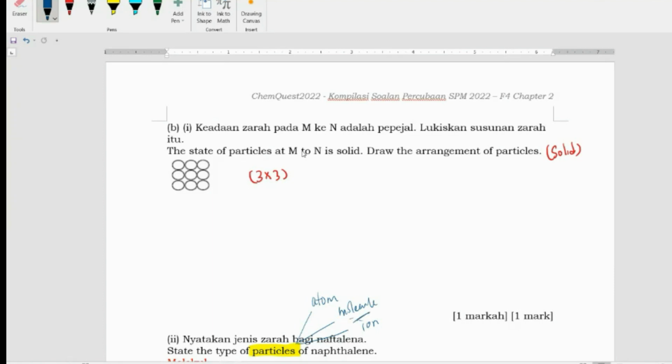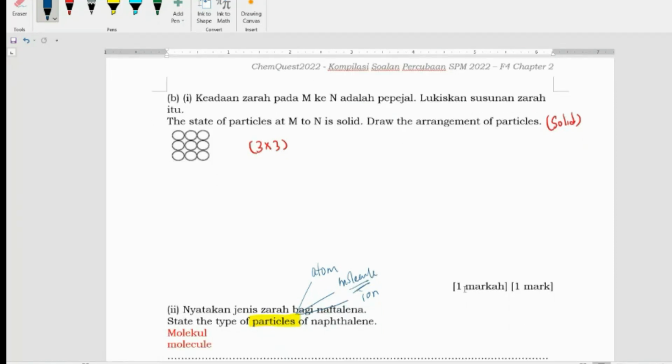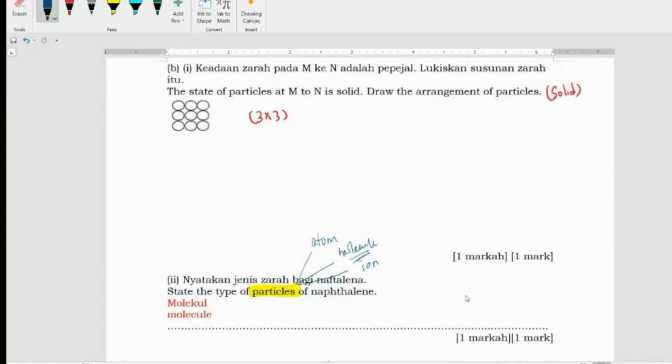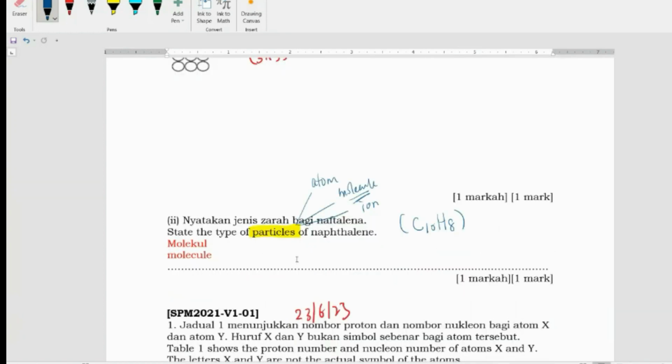Yes, it's a molecule, naphthalene. Is a combination of carbon and hydrogen, C10H8. Okay, so it's a molecule, carbon and hydrogen. Non-metal, so molecules. Atoms not possible, ions also not possible.